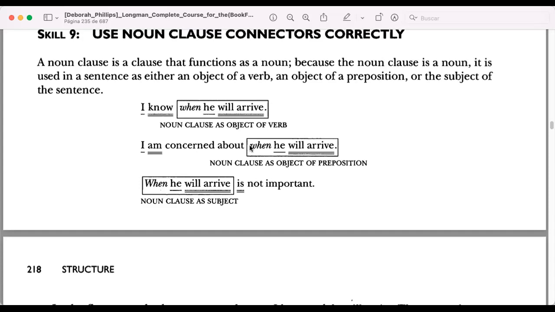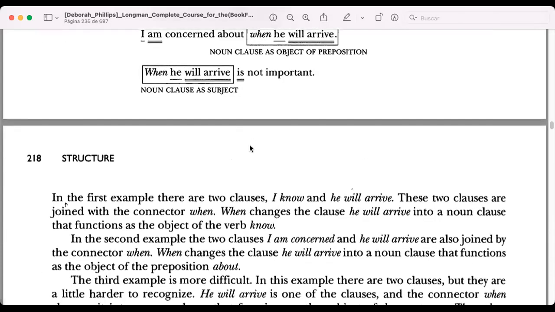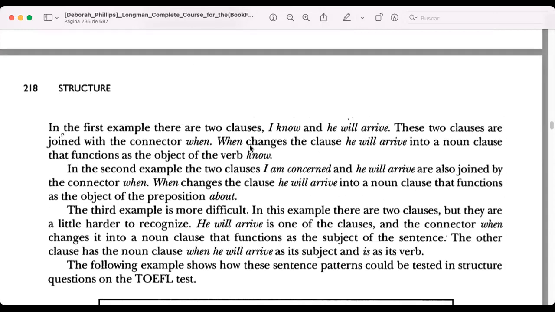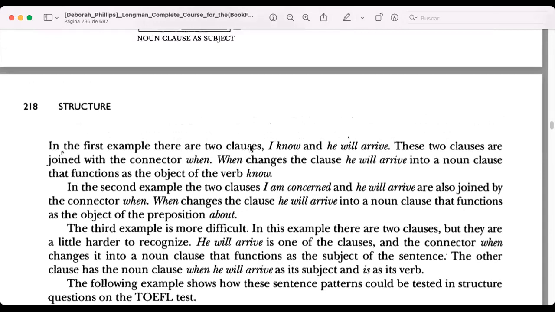Teacher, maybe I understand what you say, but how am I going to recognize this as object of a verb, object of a preposition, or a subject? Let me tell you one thing. I will read it for you. In the first example, there are two clauses: I know and he will arrive.